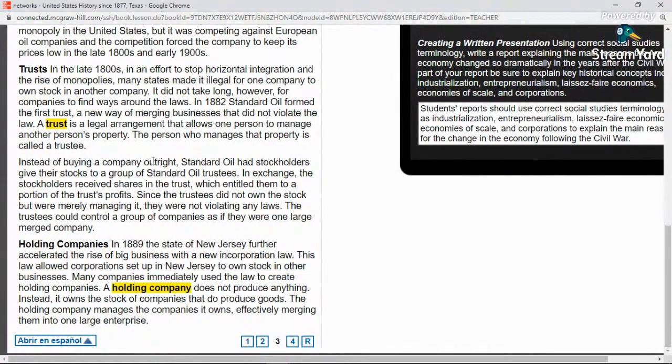Okay. So the stockholders receive shares in the trust, which entitle them to a portion of the trust profit. Since the trustees did not own the stock but were merely managing it, they were not violating any laws. The trustees could control a group of companies as if they were one large merged company.